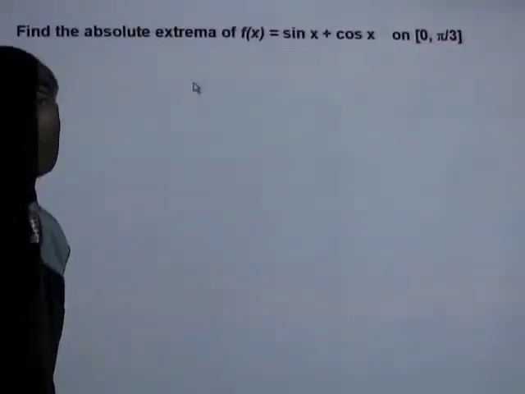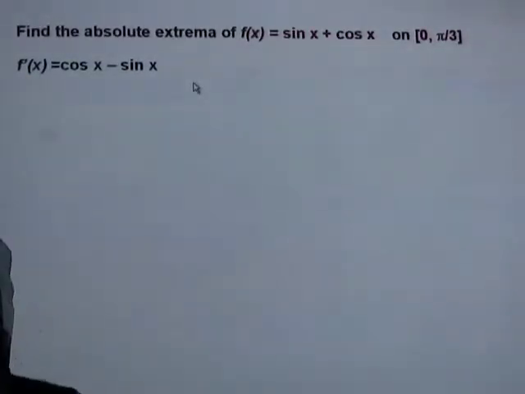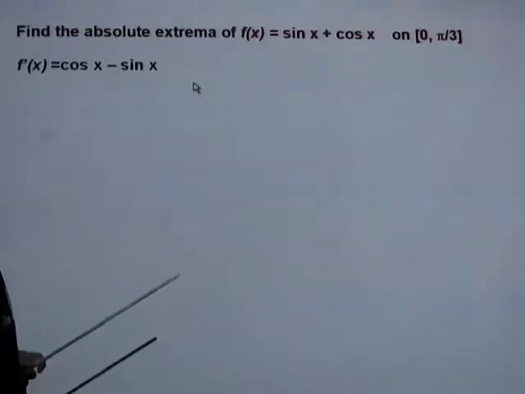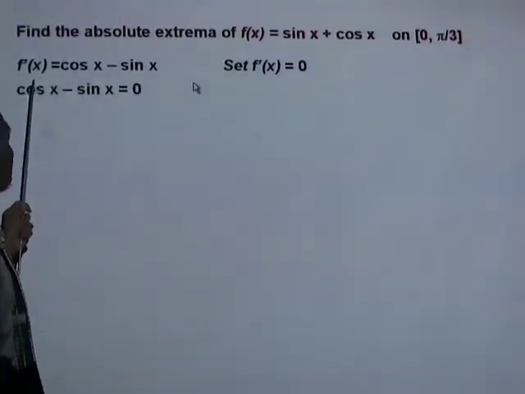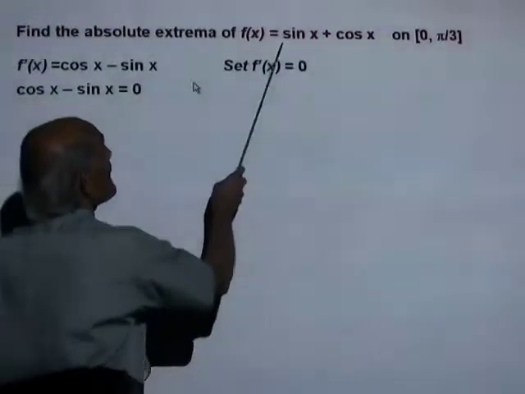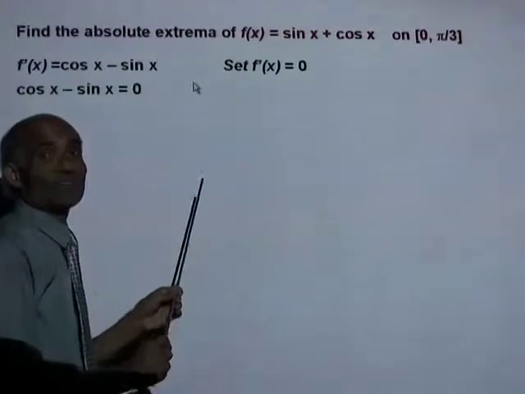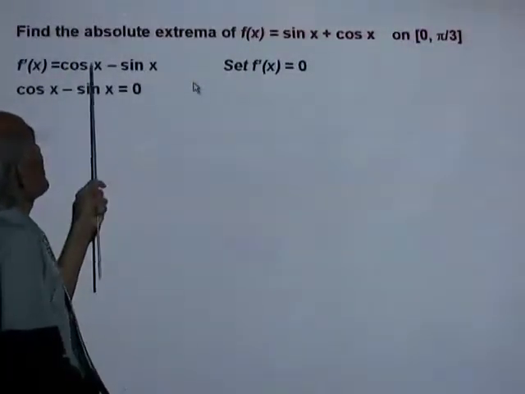First of all, we start by finding the derivative. Well, f of x is sine x plus cos x. The derivative of sine x is cos x.